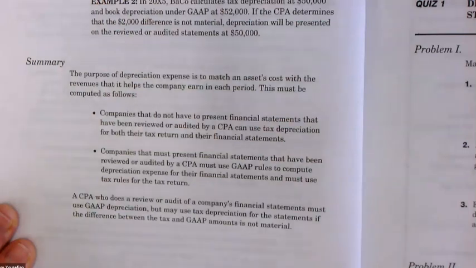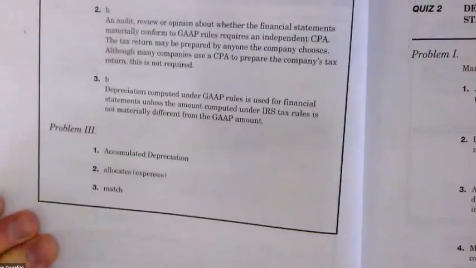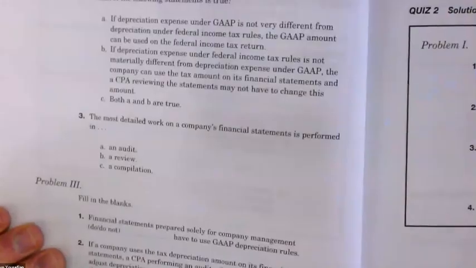The matching principle says whatever revenue you have for the year, you need to match it with the expenses that have been incurred to generate that revenue. Okay, so you can do some problems here, quiz, and look at the answers for feedback.